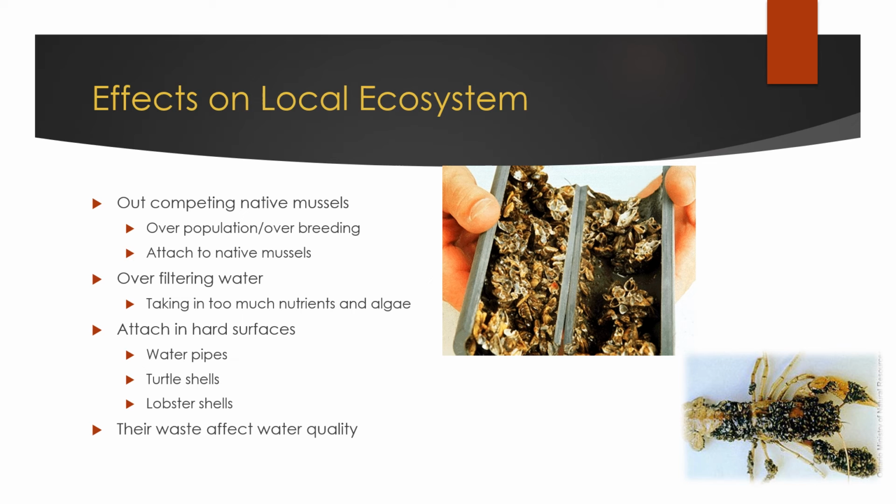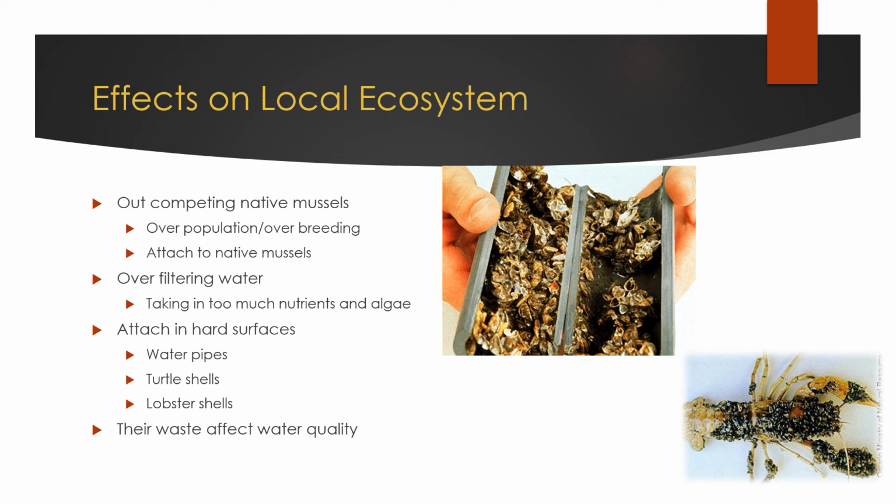Like other mussels, they do filter water, but they are over-filtering the water. And you may think, does that mean the water is cleaner? Not really, because they are taking in too many nutrients and too much algae, which other organisms in the lakes and ponds, like other types of fish and plants, do need some of those nutrients and some of that algae.